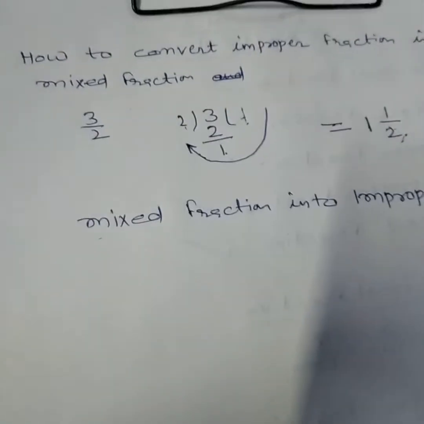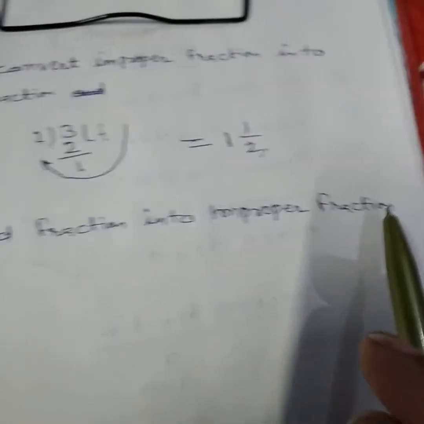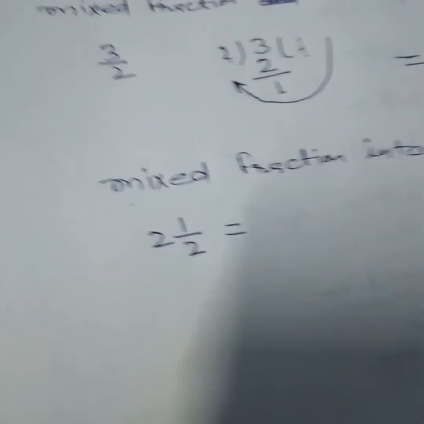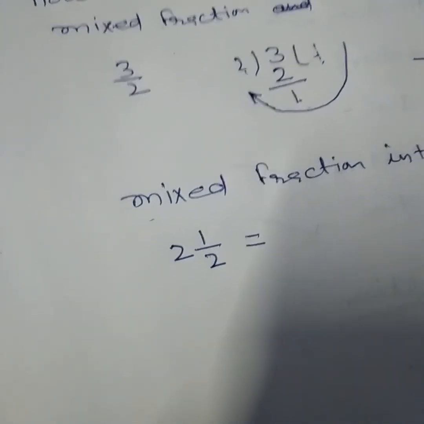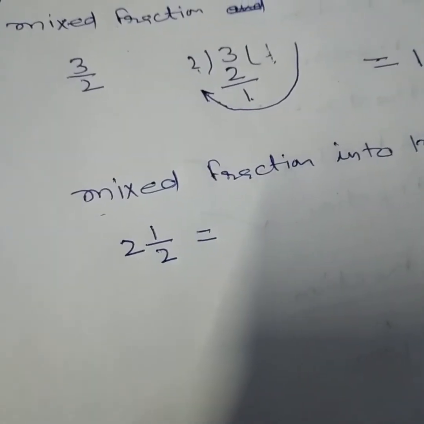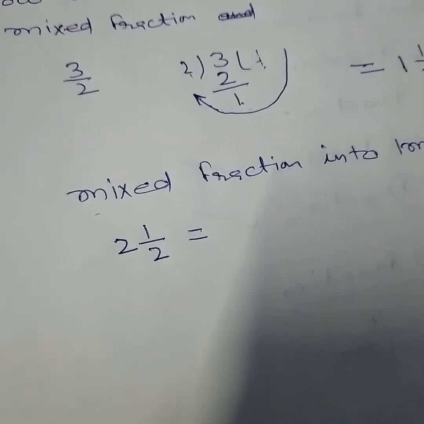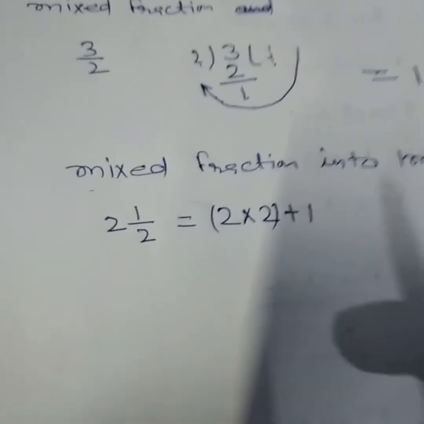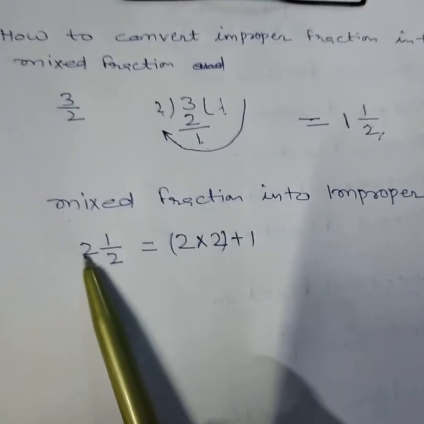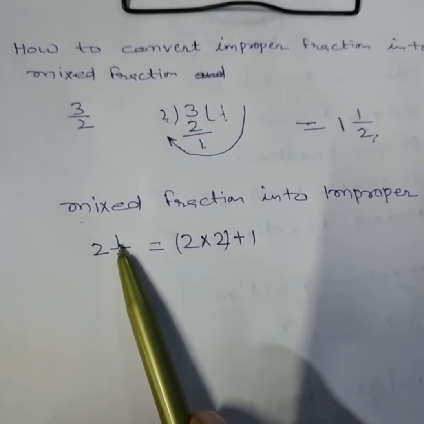The next one is how to convert a mixed fraction into an improper fraction. I am going to discuss that. Here 2 1 upon 2 is a mixed fraction, and now I am going to convert it into an improper fraction. Here the denominator is 2 and the whole number is 2: 2 into 2 plus 1.